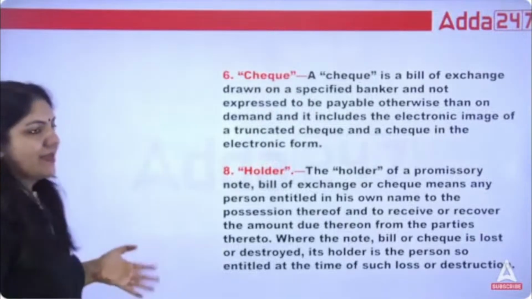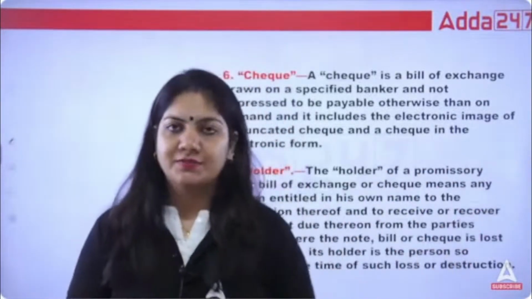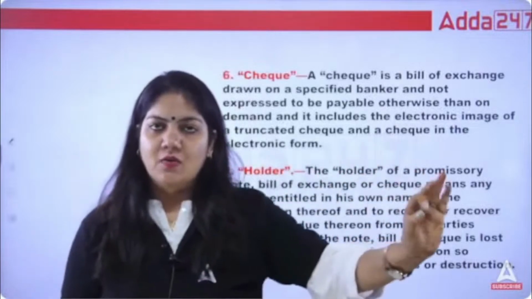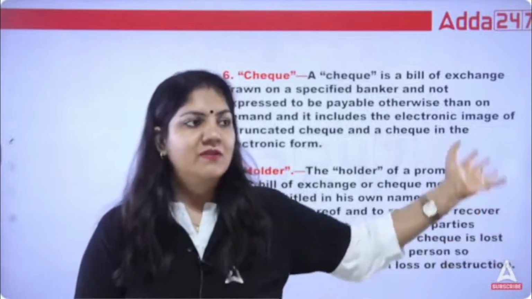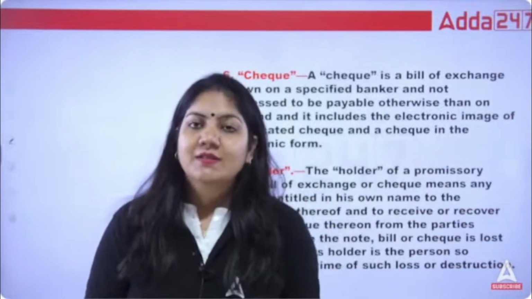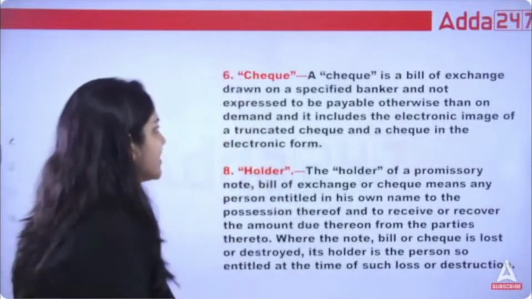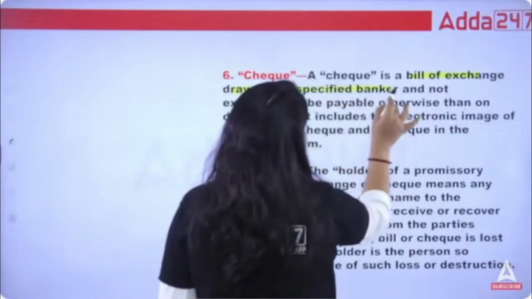What is a check? Suppose Nikita ma'am has given a check to Anish sir. So Anish sir will now go to the bank. He will deposit the check and the money will be transferred to Anish sir's account. This is called a check. So a check is also a kind of bill of exchange drawn on a specified banker.